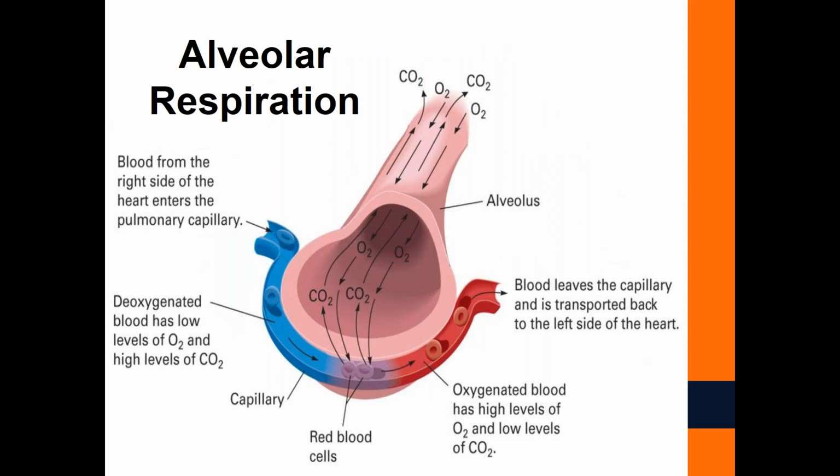Now we're going to get into the bits and pieces of actual alveolar or external respiration. So I told you guys the cardiac and the respiratory system work hand in hand with one another. The right side of our heart is responsible for pumping deoxygenated blood to the lungs.